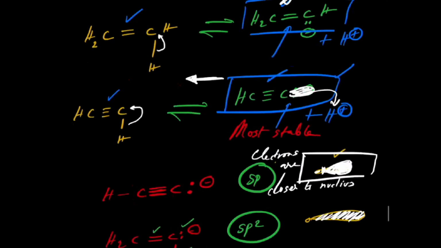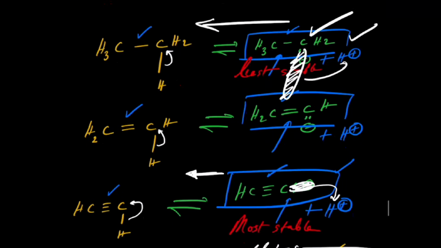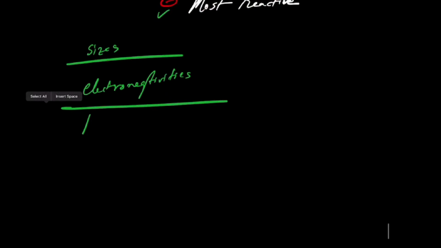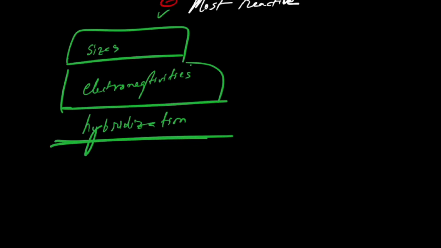All three cases we have carbon. So neither size is different nor electronegativities are different. In fact, carbon is same. So here we are comparing hybridization. So three factors we have seen: sizes, electronegativities, and hybridization.